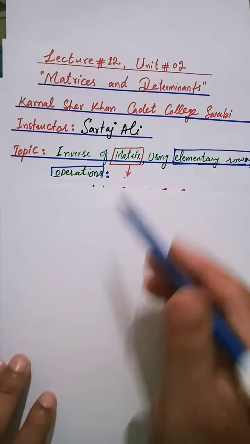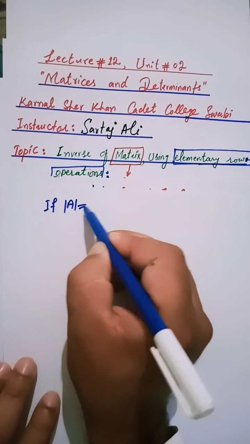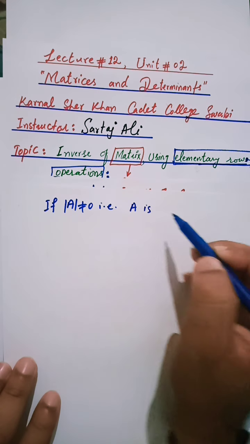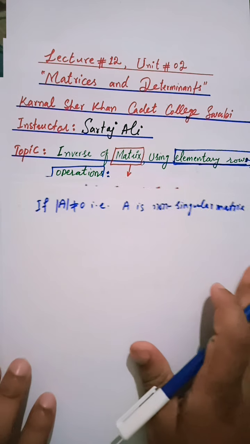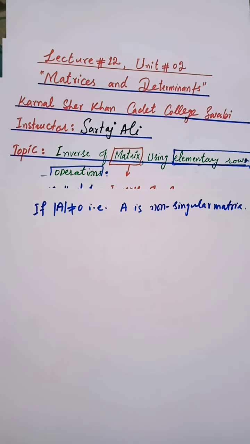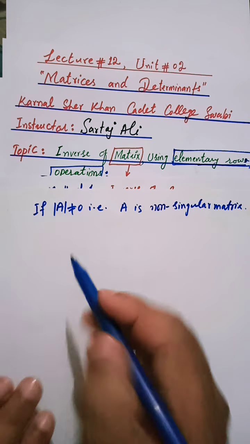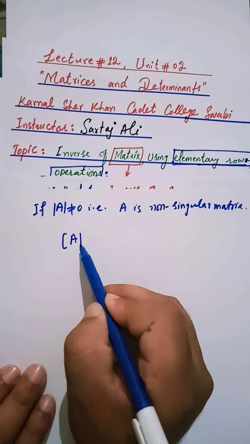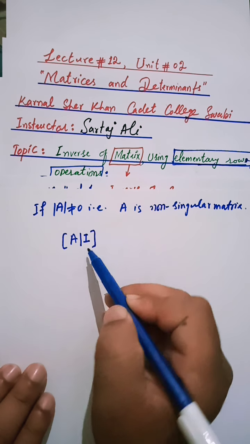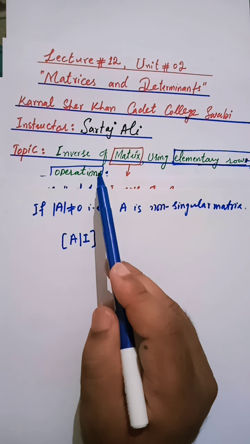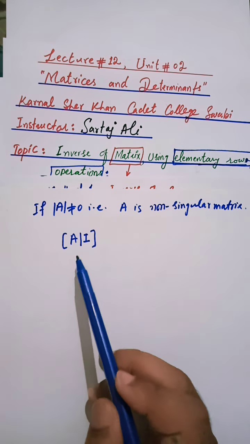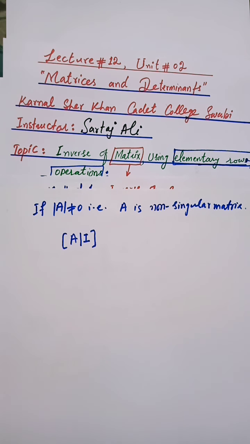If the determinant of A is not equal to 0, that is, the given matrix A is a non-singular matrix, then we can do successive row operations on a matrix which is in the form of a vertical bar, and on the right side of this vertical bar we have the identity matrix of the same order as A. So when you are finding the inverse of a square matrix A by using elementary row operations, we associate the identity matrix with the given matrix and do successive row operations.